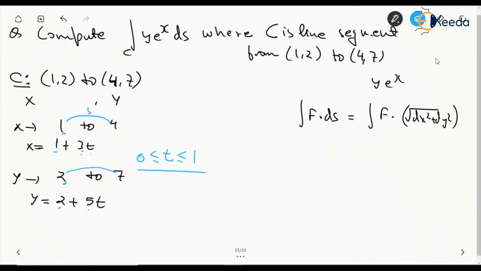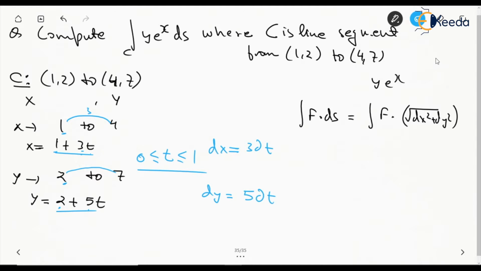So this is giving a linear relation between x and y in terms of some other variable, let's say t, right? So x can be written as this and y as this, and from the same relation we can say that dx is going to be 3 dt and dy is going to be 5 dt.